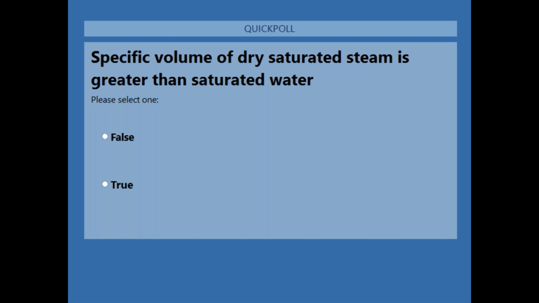You have studied in physics in 7th standard that conversion of water to steam is obviously a case of increase in specific volume. So the question was pretty simple, and let me close this question and show you the results.